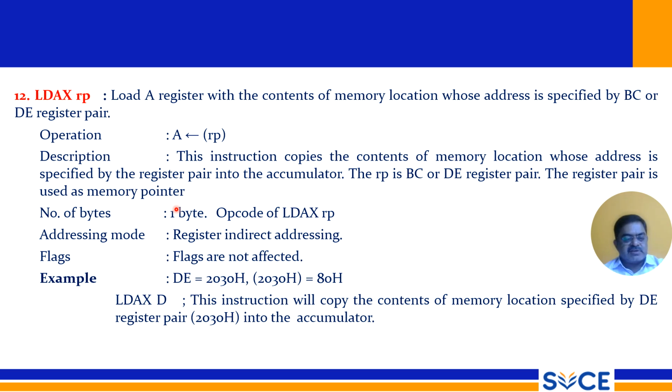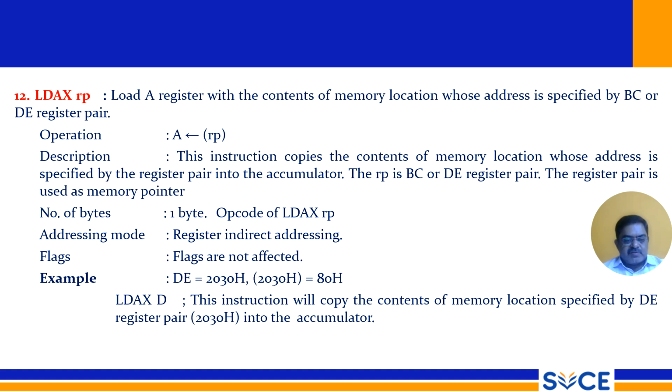It is also register indirect addressing mode, and whatever contents are there at the address in the register pair, that will be loaded into the accumulator. So that is LDAX RP.